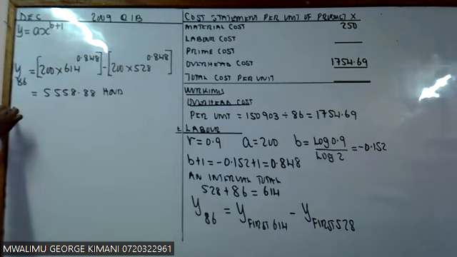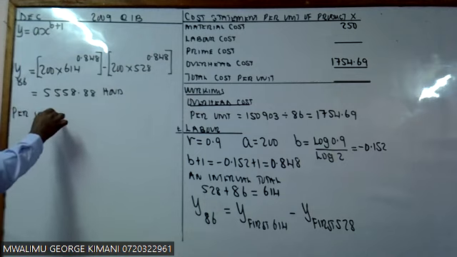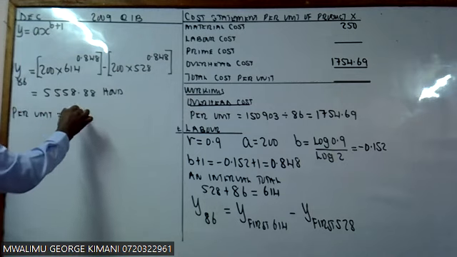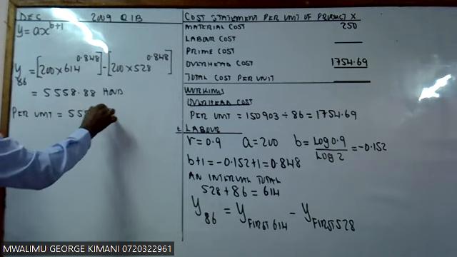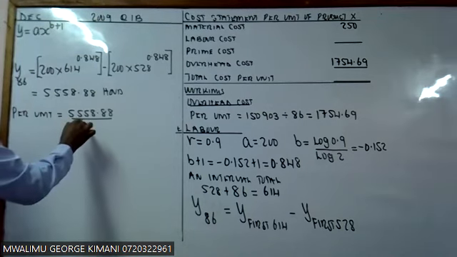So per unit, it will be this 558.88. You divide by the 86.